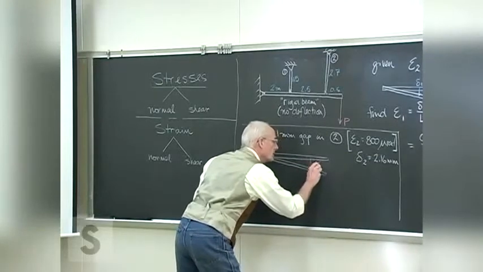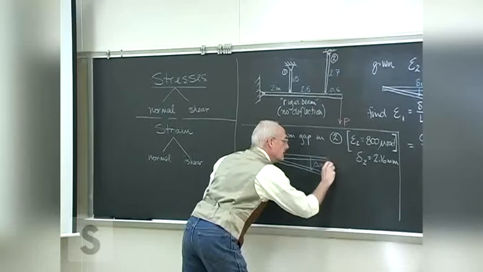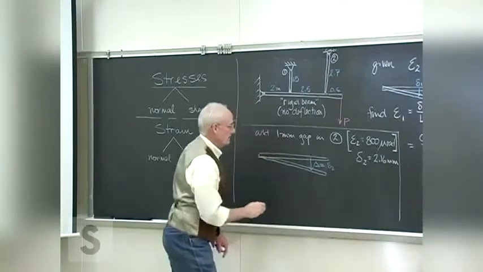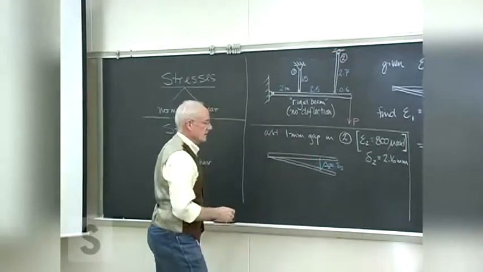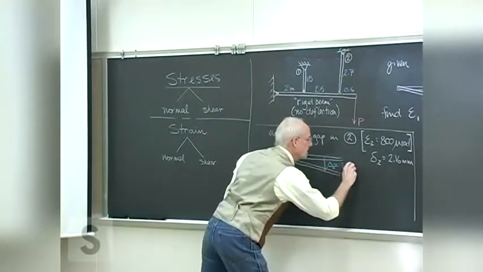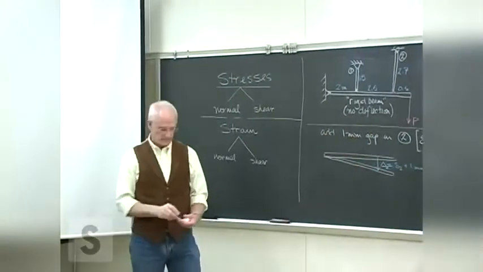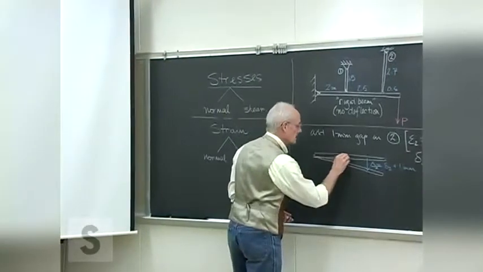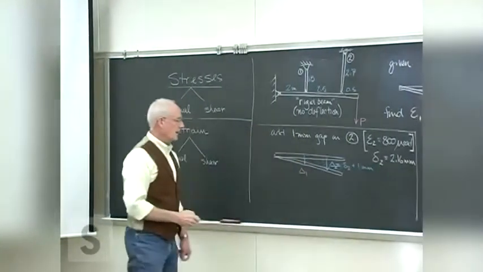So maybe we'll call this capital Del, which will be Del 2. So capital Delta 2 equals del 2 plus 1 millimeter. And so that changes things back here, so you're going to have to find a delta 1.